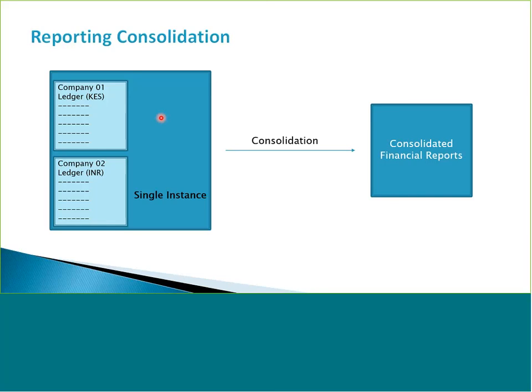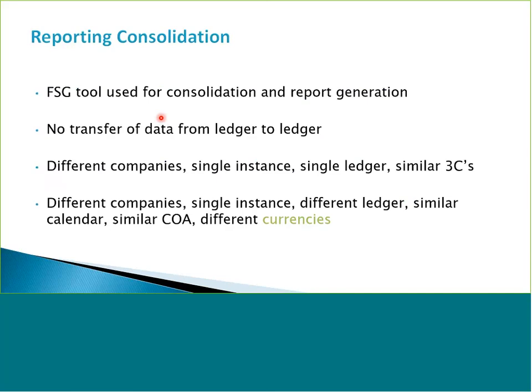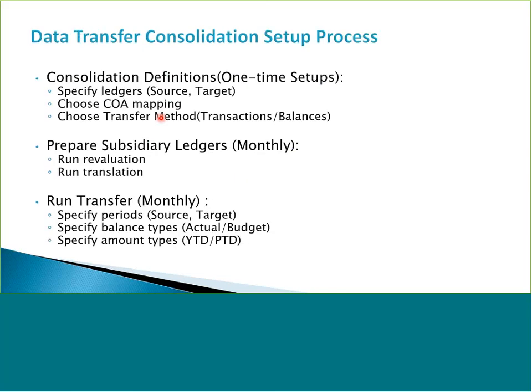So those are the differences between reporting consolidation and data transfer consolidation. We have also looked at the initial setup process, what we need to do in order to do data transfer consolidation.